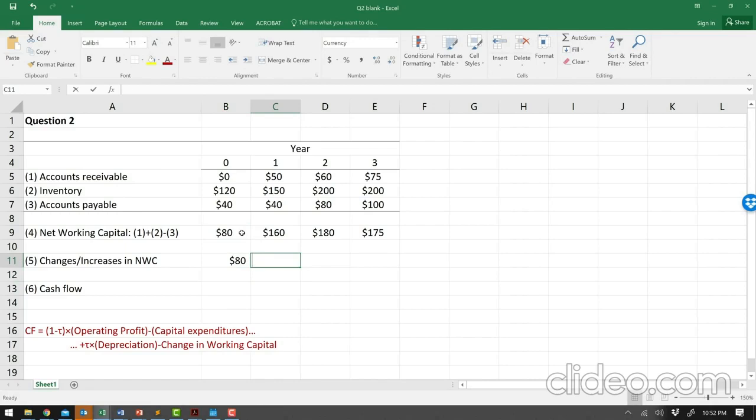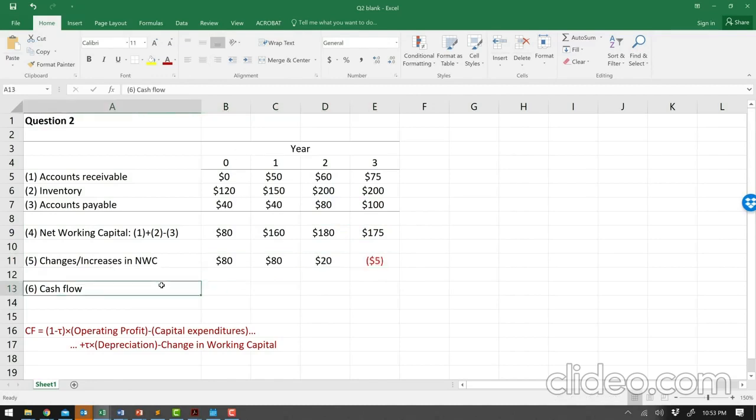In year 1, this increase would equal $160,000, which is the level of net working capital in year 1, minus $80,000, which was the level in year 0. So this is the increase of another $80,000. In year 2, net working capital increases by $20,000 from $160,000 to $180,000. And in year 3, it decreases by $5,000 from $180,000 down to $175,000.